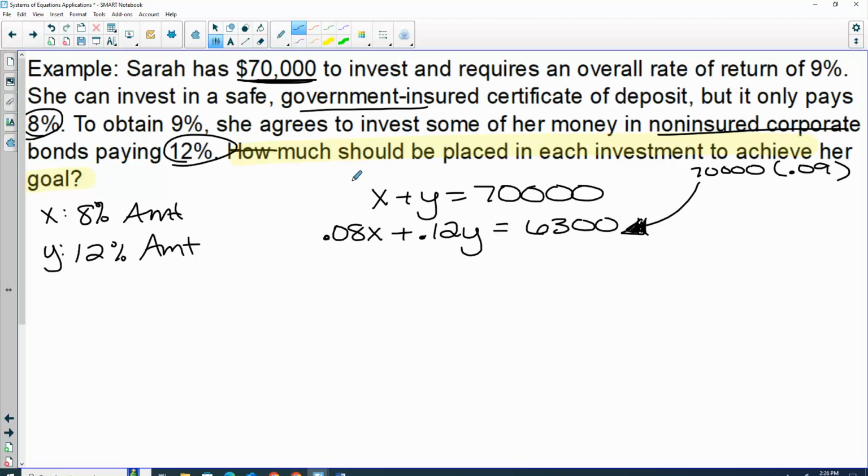If I wanted to eliminate x, what would I multiply the first one by? 600. Didn't change my second equation.